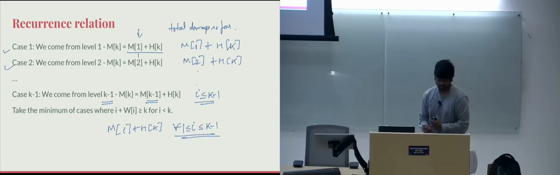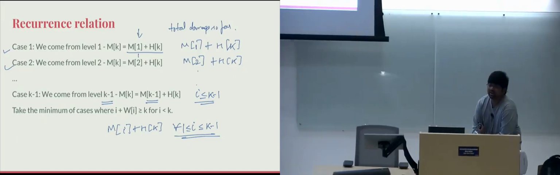But there's one more thing that you need to check. For every i, you need to check that the constraints are right here. In this case, you need to check that i plus w of i should be greater than or equal to k, because you are going from the ith level to the kth level, and the value here is w of i.